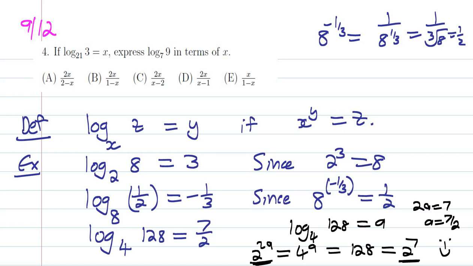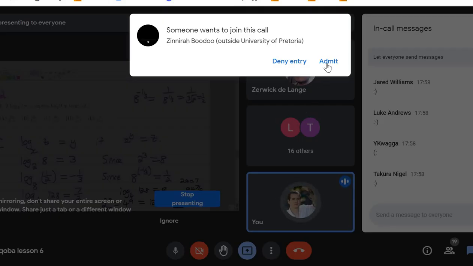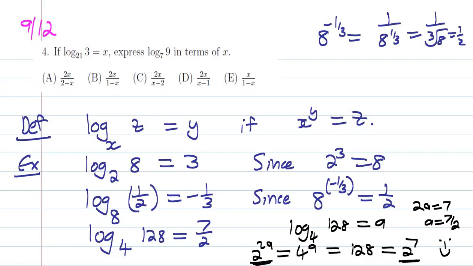Alright, so now let's tackle this problem and see how do we solve this. Alright, so we know that log base 21 of 3 is x. So who can tell me what information do we get from this equation?